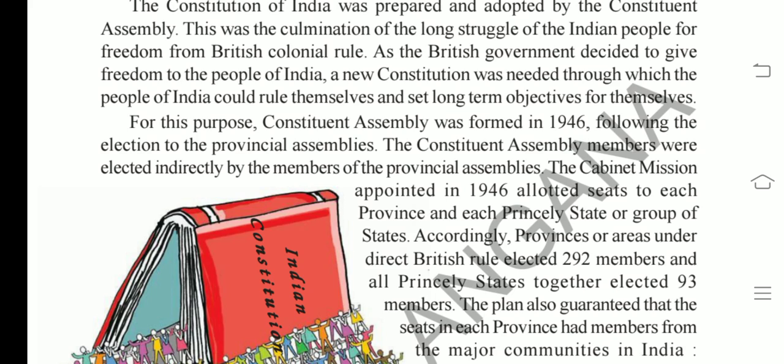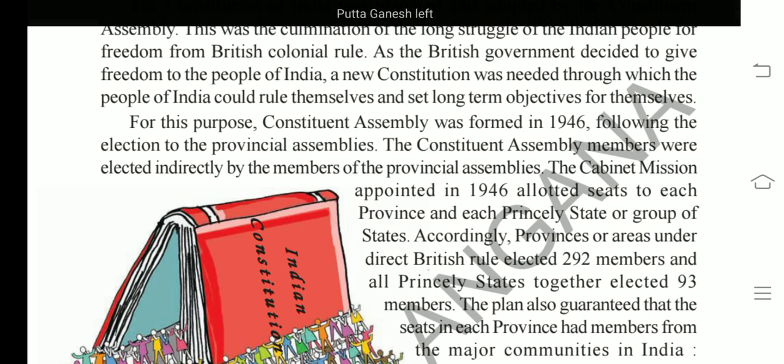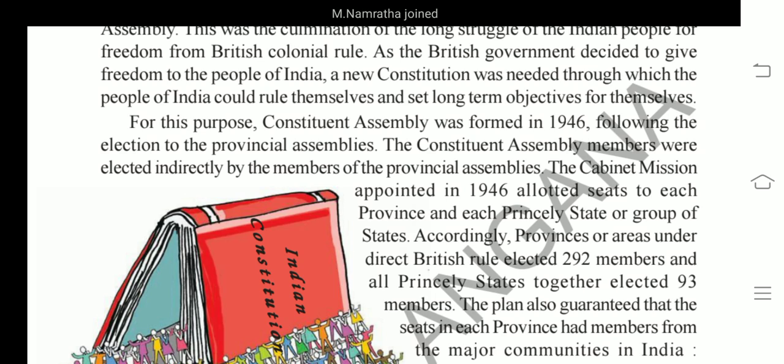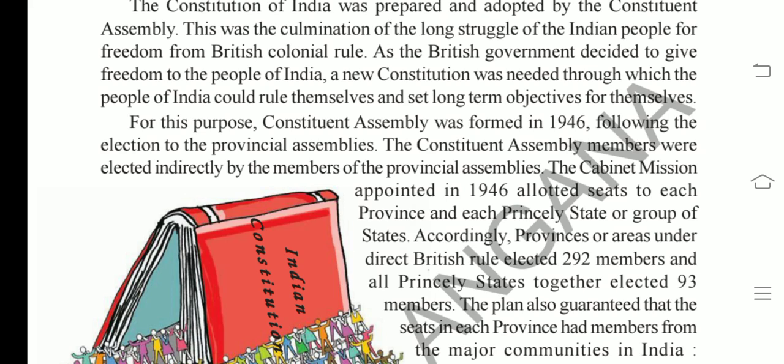allotted seats for each province in the Constituent Assembly and also to the princely states or group of states. So the Cabinet Mission allotted seats in the Constituent Assembly for all the provinces and also princely states.